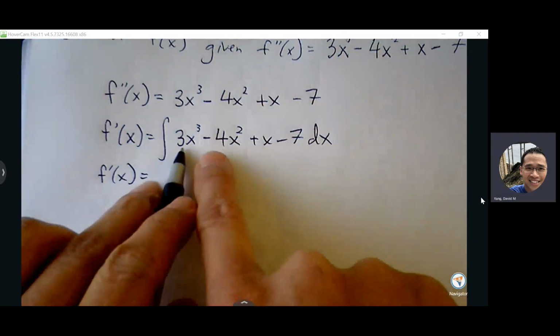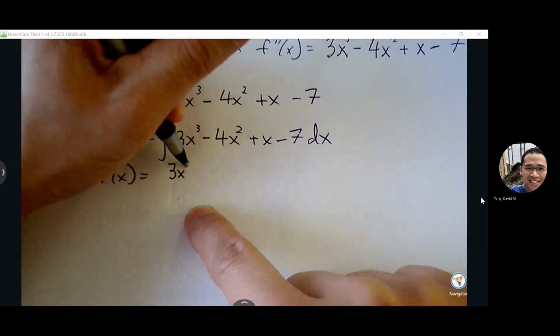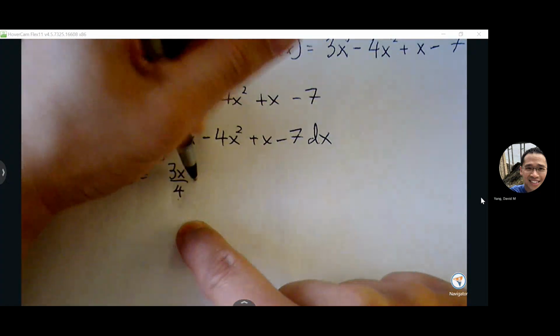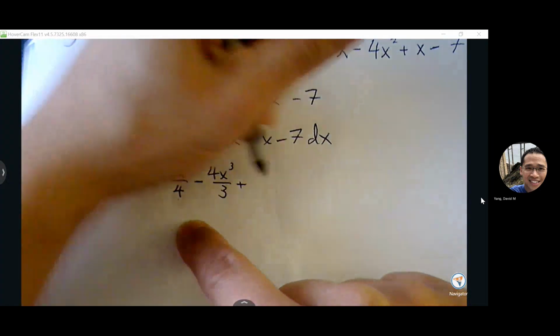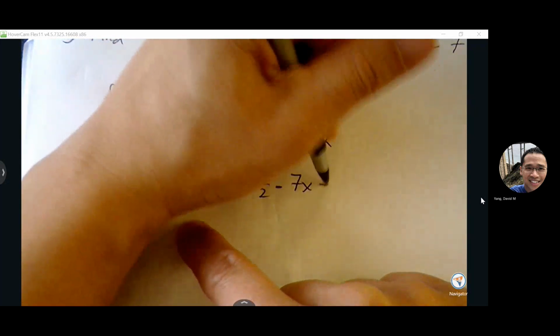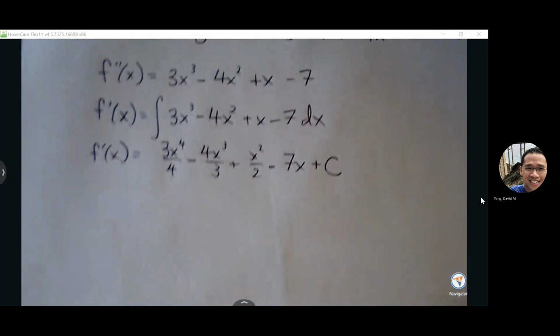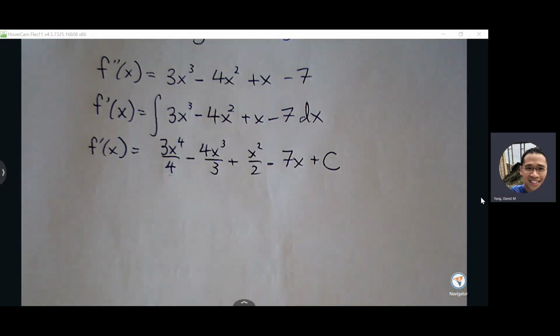So there's still f prime, but now I can resolve it using power rule. So what that means now is I'm halfway there.